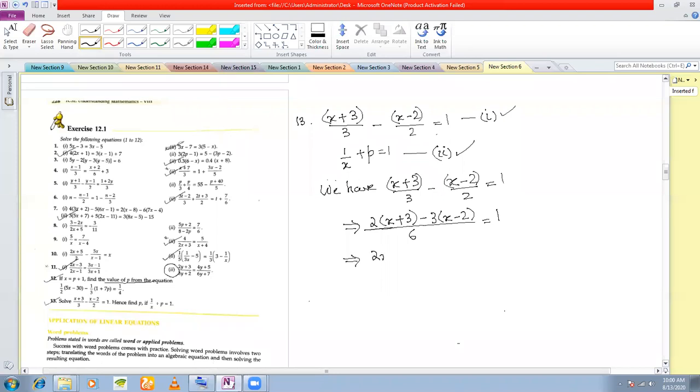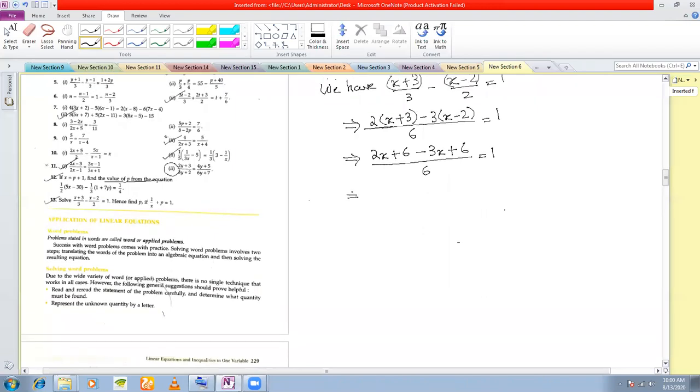Next we simplify. 2 into x is 2x, plus 2 into 3 is plus 6, minus 3 into x is minus 3x, and minus 3 into minus 2 is plus 6, divided by 6 equals 1.